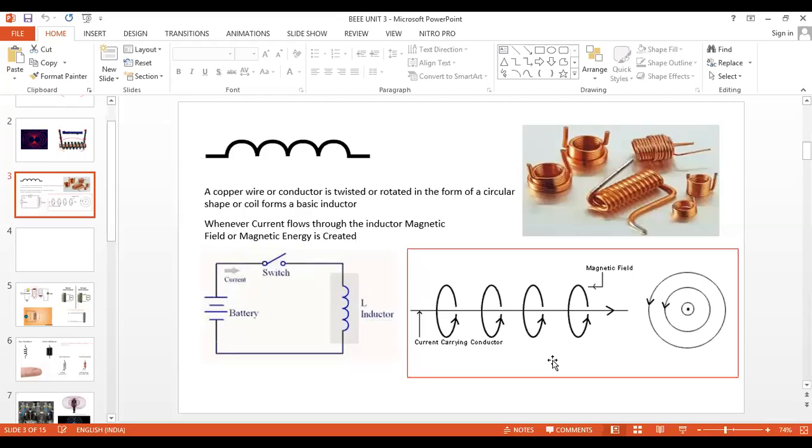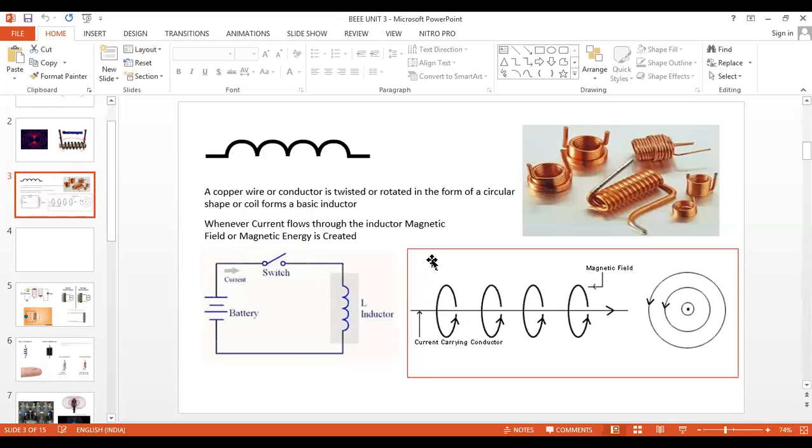When current flows through the conductor, when current passes through the conductor, magnetic energy is created. How can we draw that magnetic energy? We can draw it with a circular shape. These circles indicate that a certain amount of magnetic energy is created whenever current flows through the conductor.